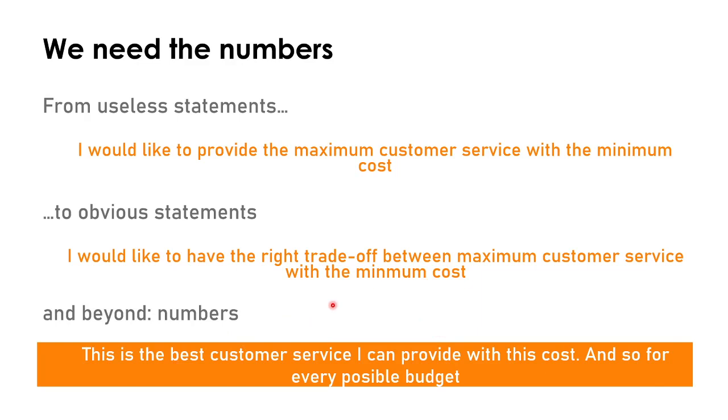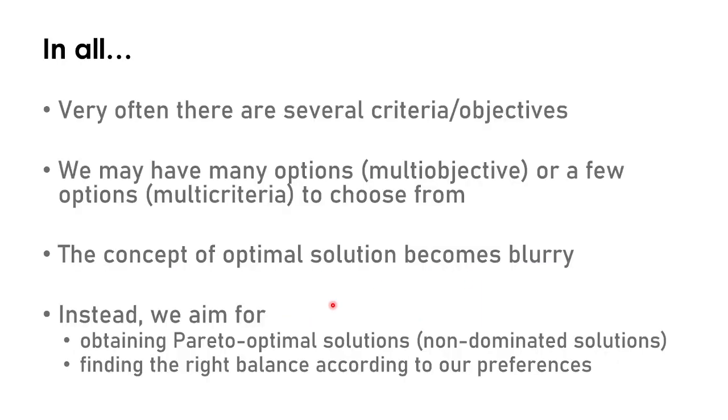Okay. So in all, there are very often several criteria or objectives, and we may have many options. In that case, we would be within the realm of the multi-objective approach, or, with a few options, the multi-criteria realm, and we have to choose from them. And the concept of optimal becomes very blurry because there's no way to solve them in an objective manner.